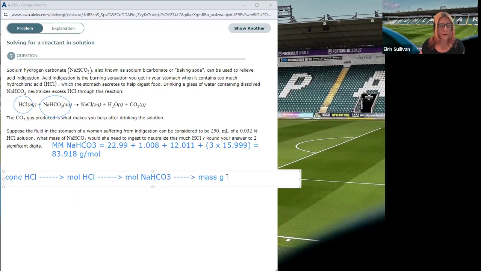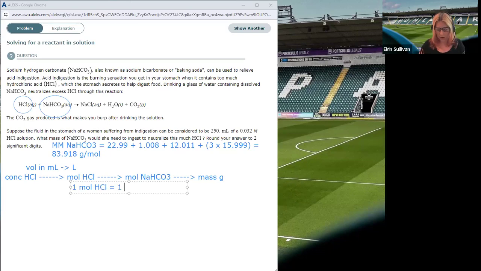So to get from our concentration to our number of moles, we're going to use our volume in milliliters. So we need to get milliliters into liters as well to make it cancel out, right? Then to get between our moles of HCl and moles of sodium hydrogen carbonate, we need a mole ratio, which is going to come from the balanced chemical equation. I know it's 1:1.